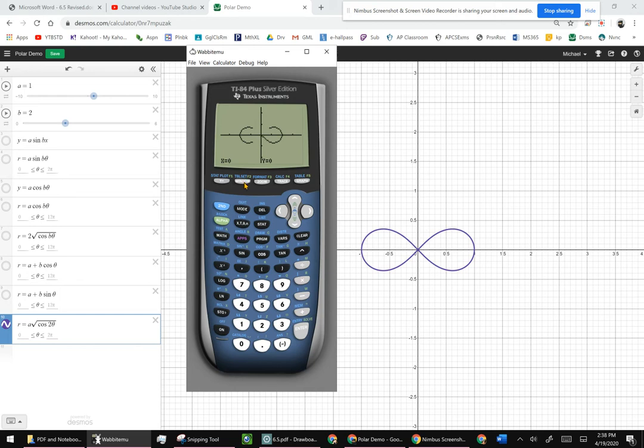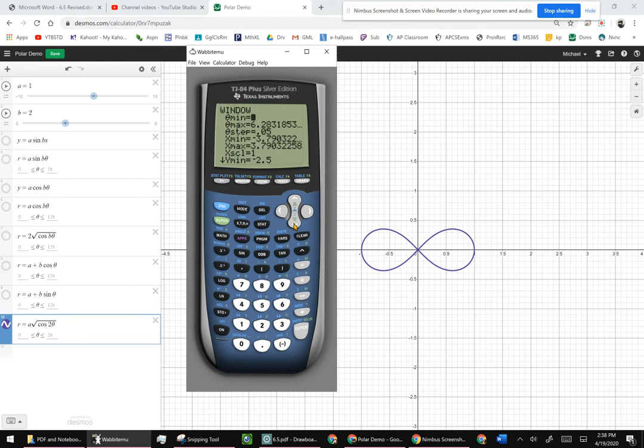So if we go to your window, the way to actually make your calculator calculate and show more of it is to make your theta steps smaller. So if I clear this out and make it 0.05 and graph, notice I get a little bit more, but that's still not enough.